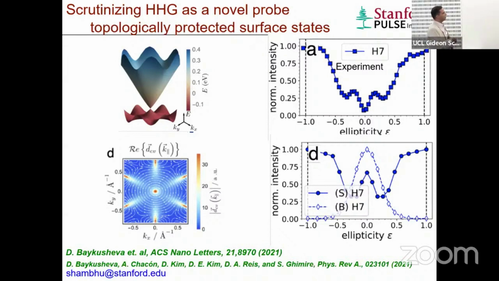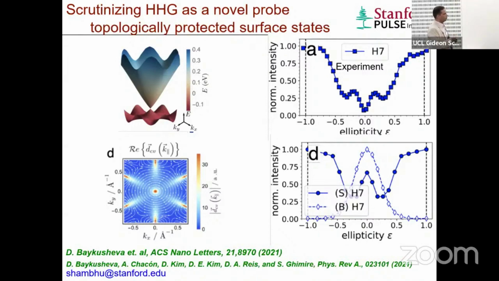So the response from the bulk is very similar to the atomic response, where when you introduce ellipticity, you basically kill harmonics, and for circular polarization there is no harmonic emission from the bulk. From the surface states, for left and right circular polarization, the signal actually grows significantly as compared to the linear polarization. This is what we observe experimentally.